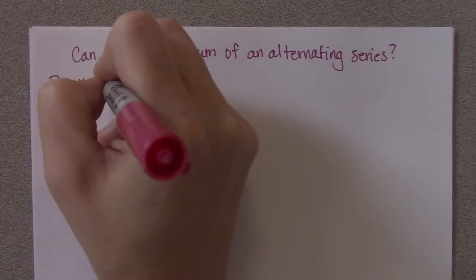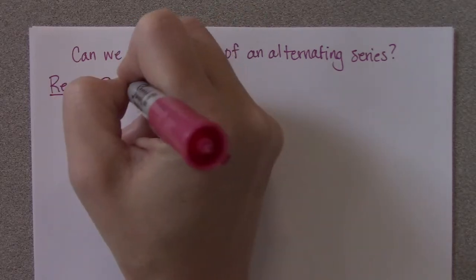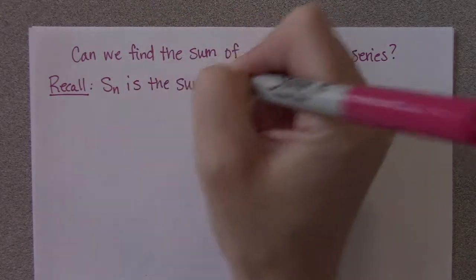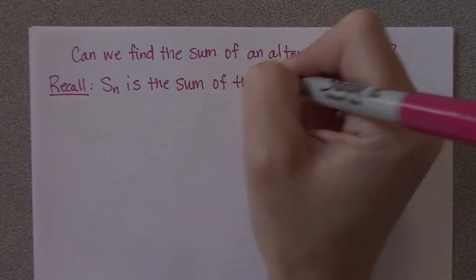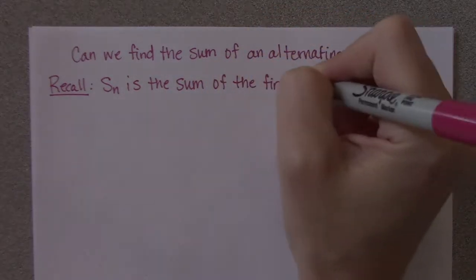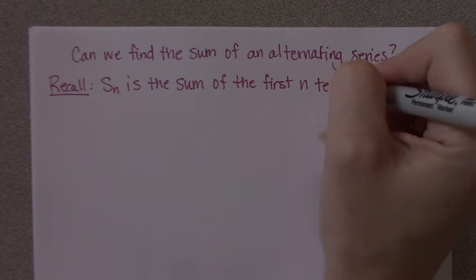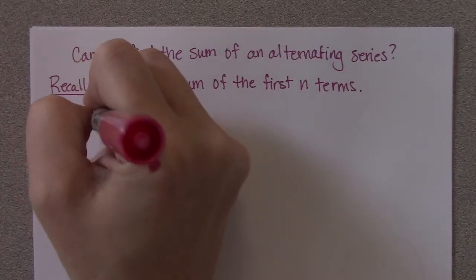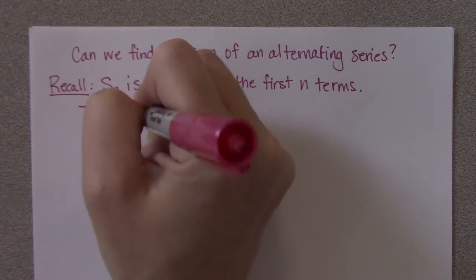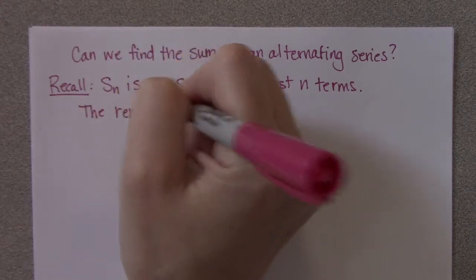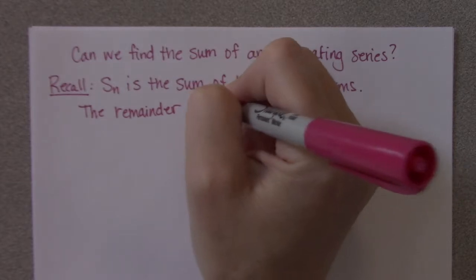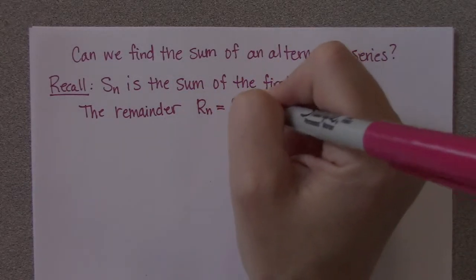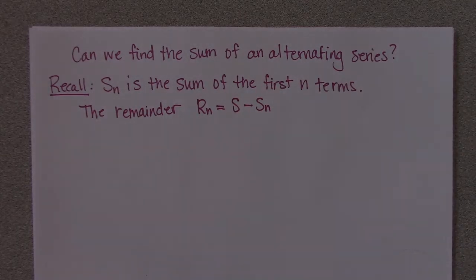in order to understand this, remember that S sub n was the sum of the first n terms. So the remainder should be the sum of the entire series minus the sum of the first n terms.